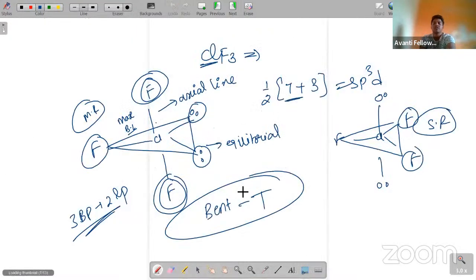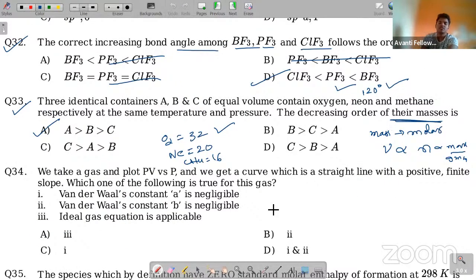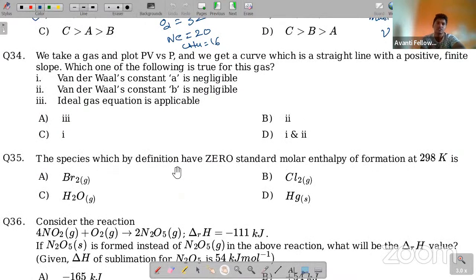Next one is a very important question. For JEE Mains, this is really important. Focus on this question, guys. The 34th question is: we take a gas and plot PV versus P, and we get a curve which is a straight line with a positive and finite slope.